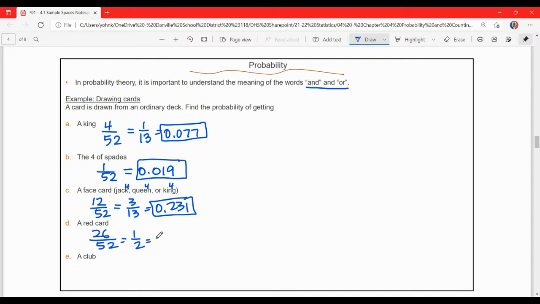That's 1/2, that's 0.500. Notice I put extra zeros on to make the probability 3 decimals. The probability that you pull a club, well, there are 13 clubs out of 52. So that's 1/4, so that's 0.250.